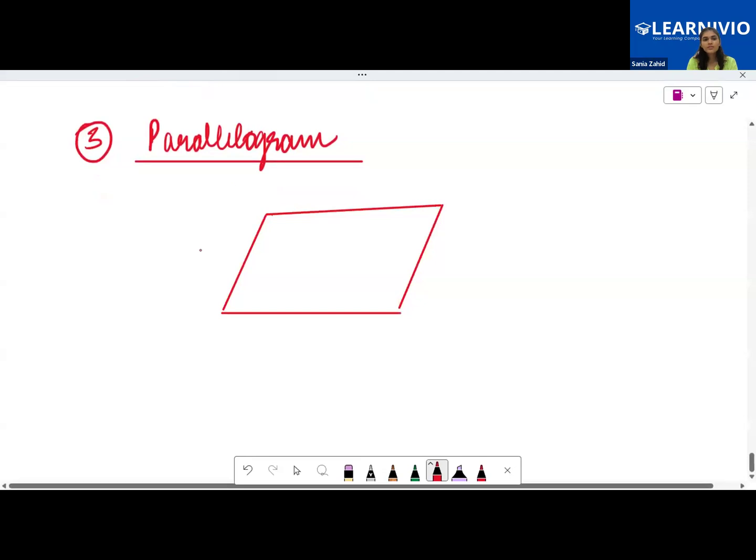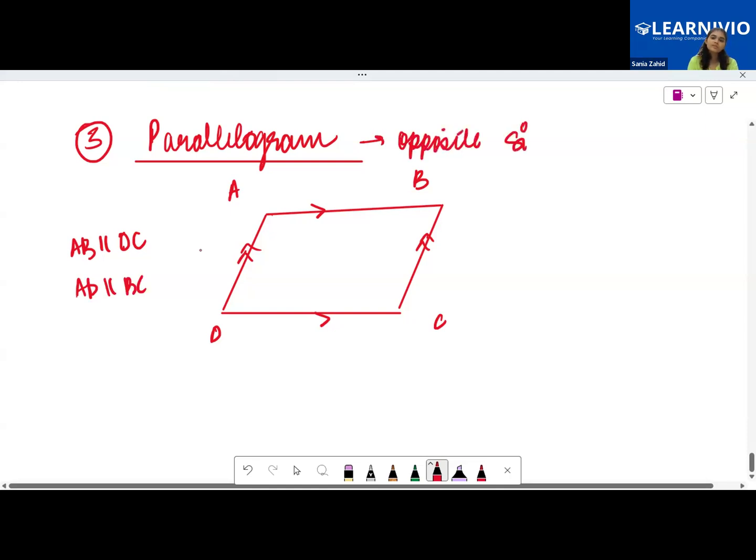So let's consider you have A, B, C, and D. AB is parallel to DC, and AD will be parallel to BC. So opposite sides are parallel. Understood?